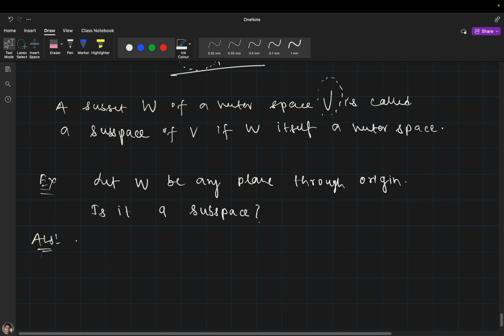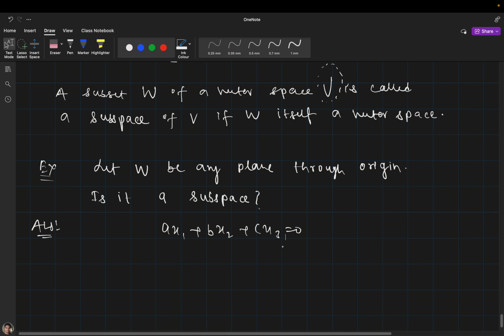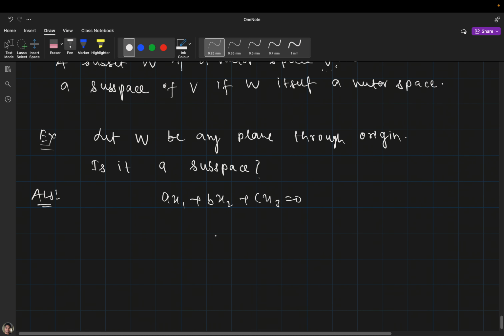Because it's a plane, it can pass through the origin. Suppose you have the set of planes passing through the origin, like this. Suppose u equals x1, x2, x3.